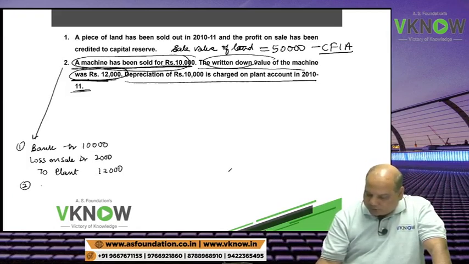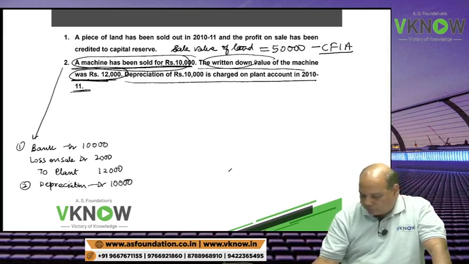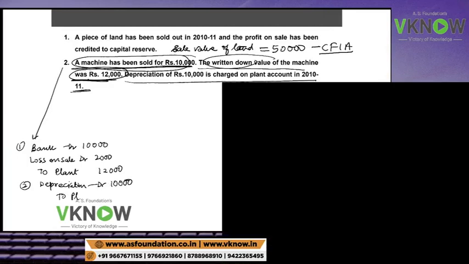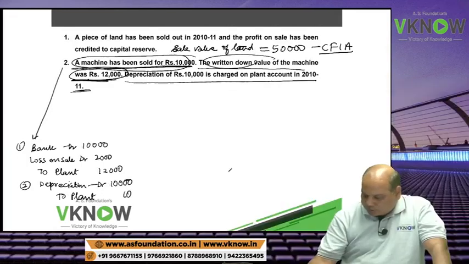And the second entry is for depreciation. Depreciation account debit 10,000 to plant account 10,000.